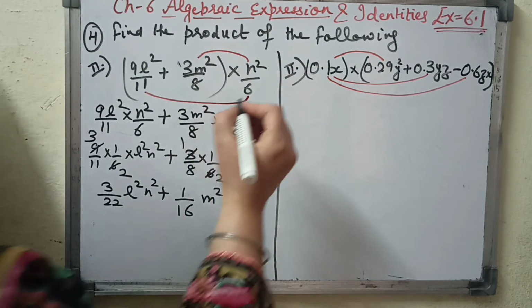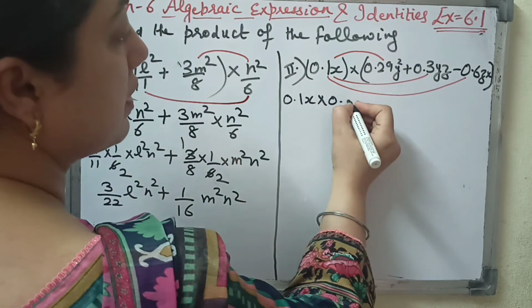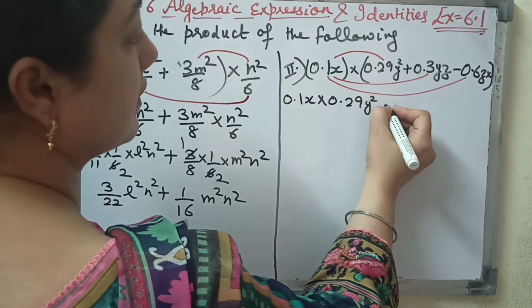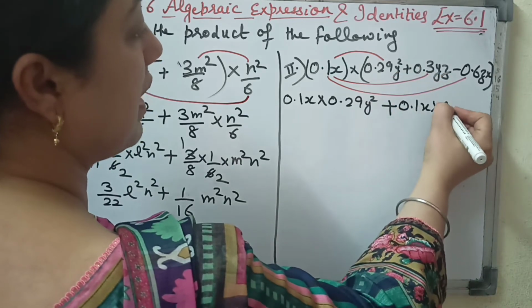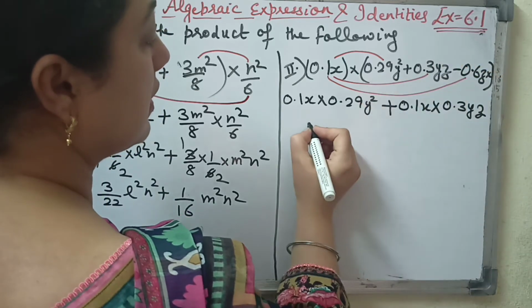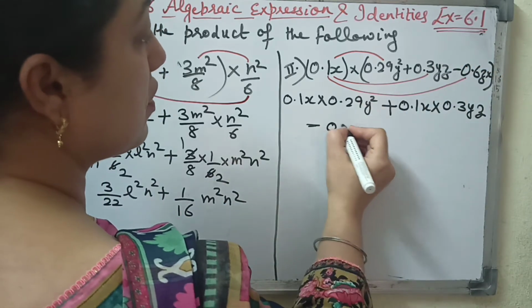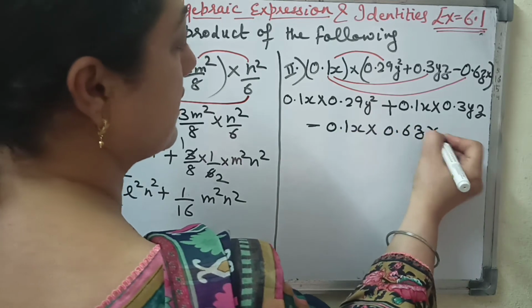Now see, 0.1x multiplied with first of all 0.29y square, then plus 0.1x multiplied with 0.3yz, and in the third term there is a minus sign, so 0.1x multiplied with 0.6zx.